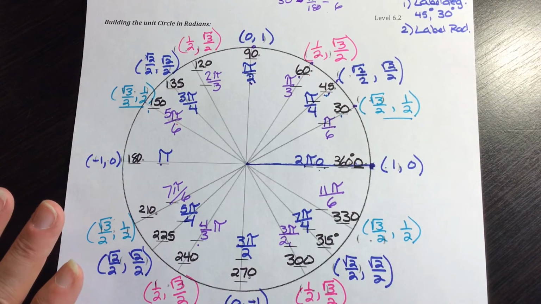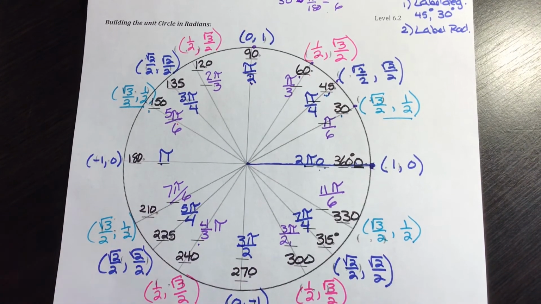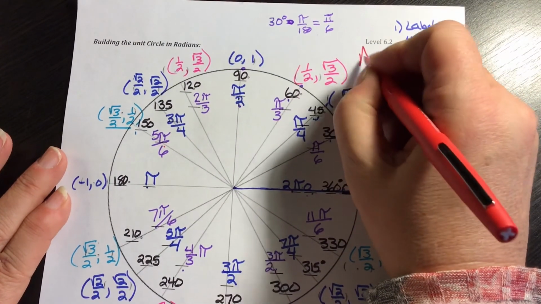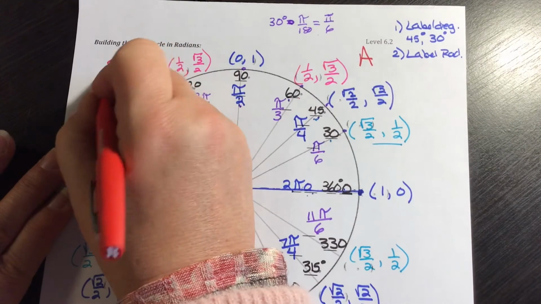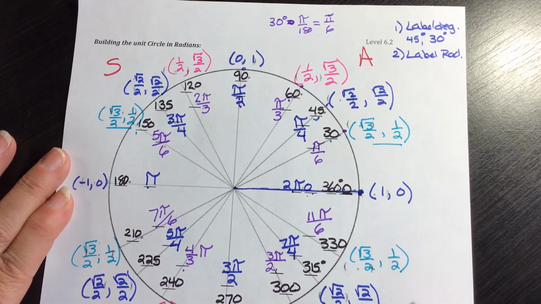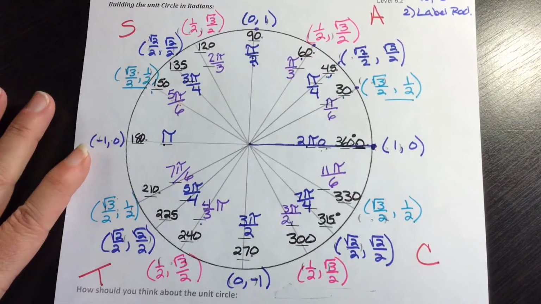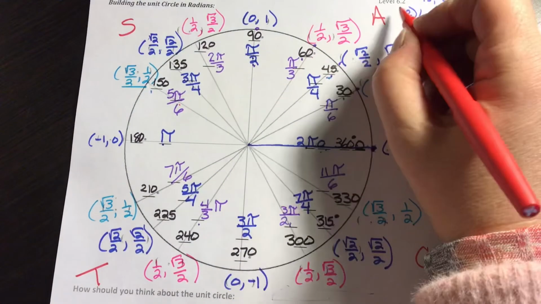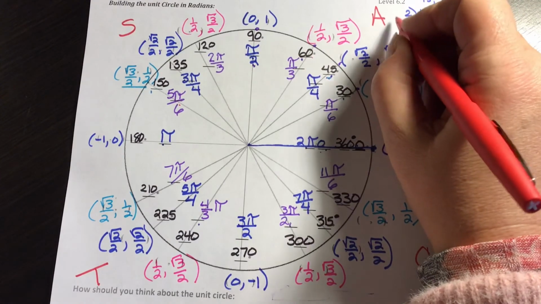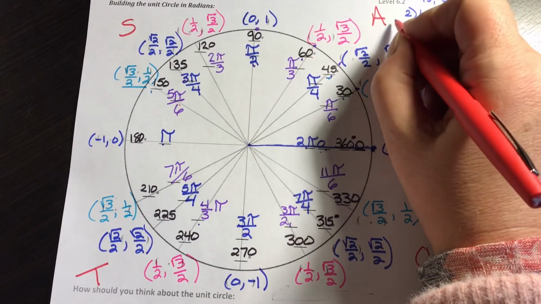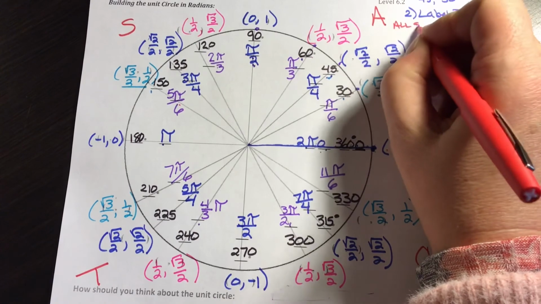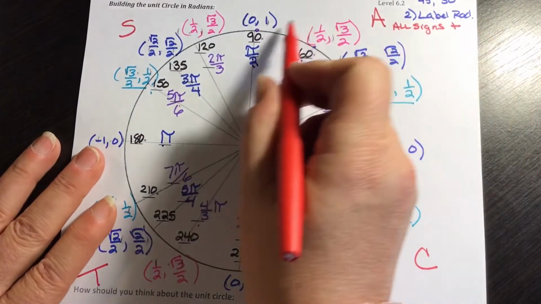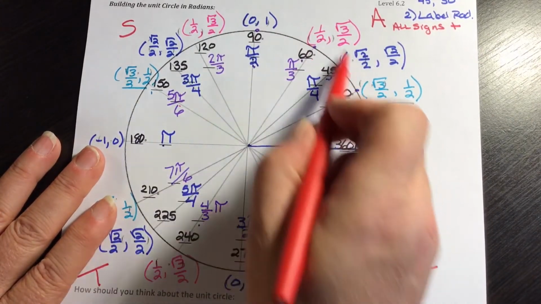So I have a little mnemonic device here: all students take calculus. This is going to help us remember what signs are positive. In this first quadrant, everything is positive. All signs are positive. So all of these inside here are positive.